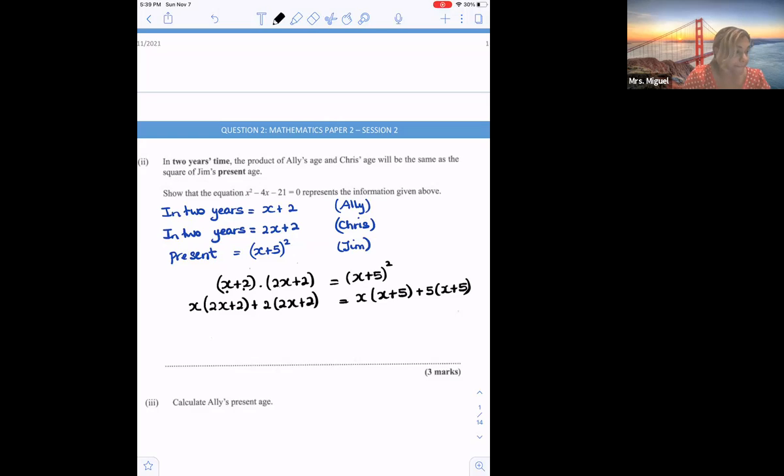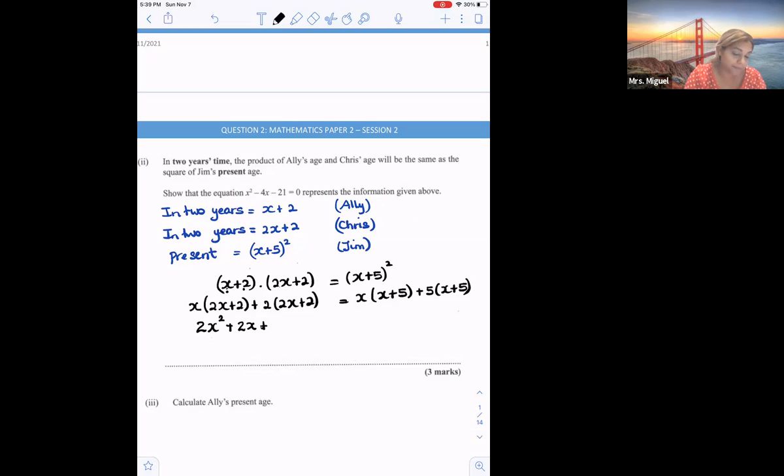So here I will get 2x squared plus 2x plus, so I multiply the x by 2x, right?